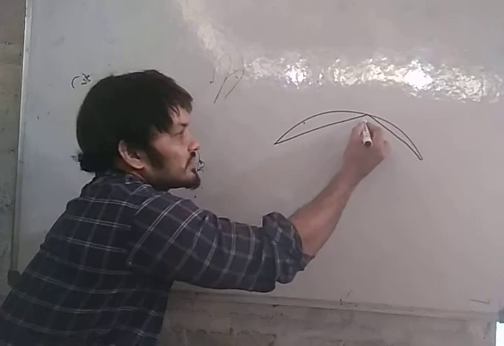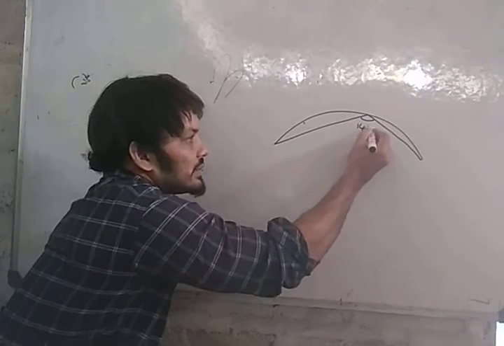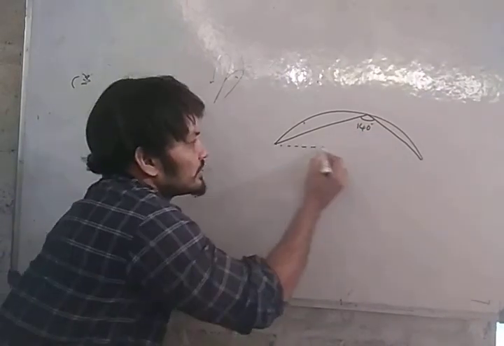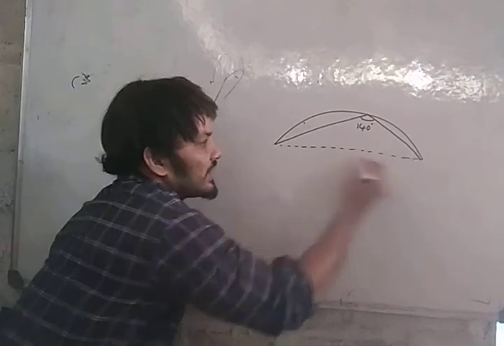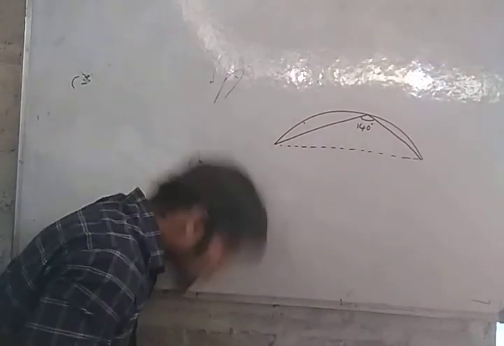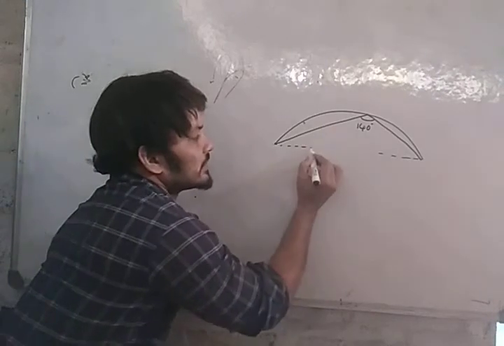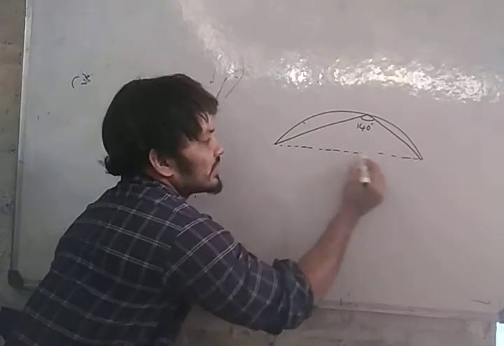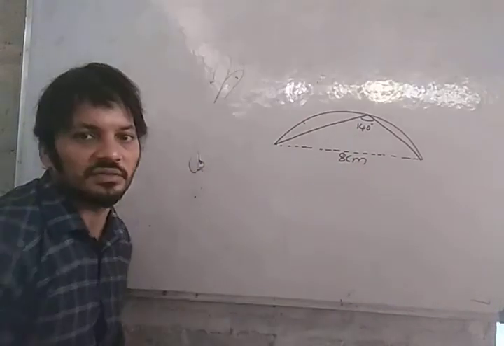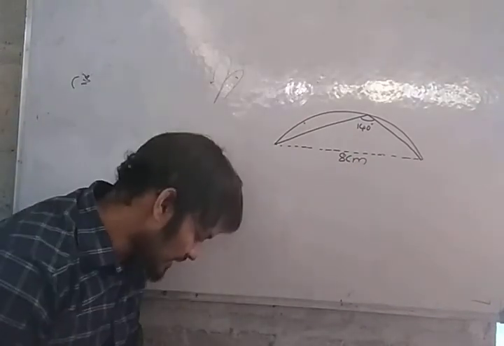This angle is 140 degree. The distance between this end and this end is 8 centimeter. You can use a scale to find 8 centimeter. Not a circle, a circle's part.